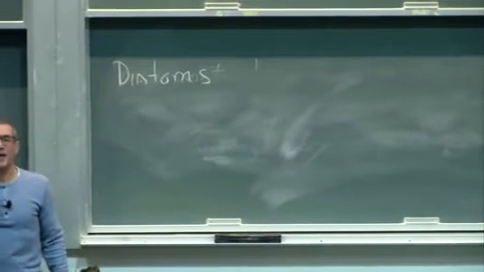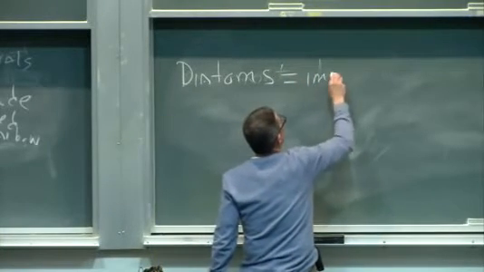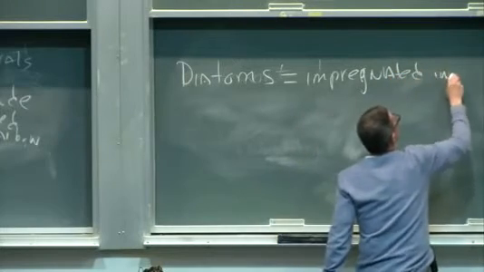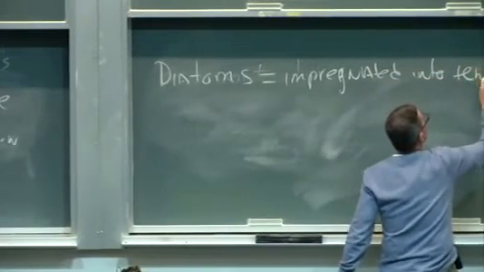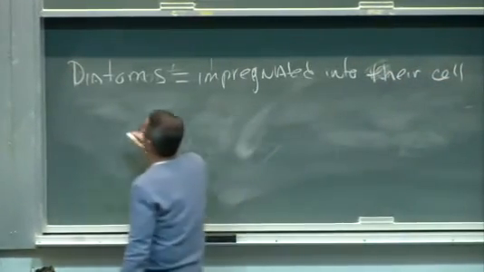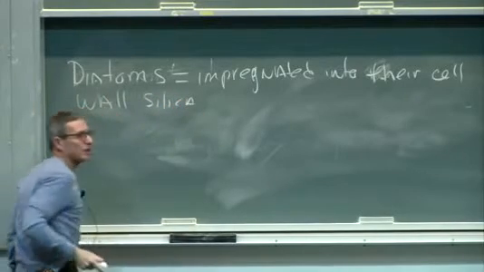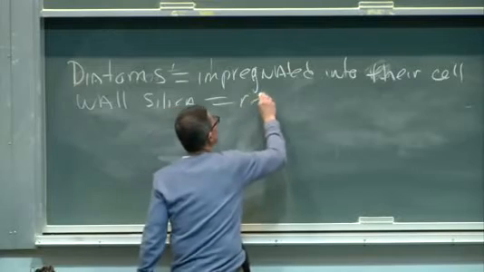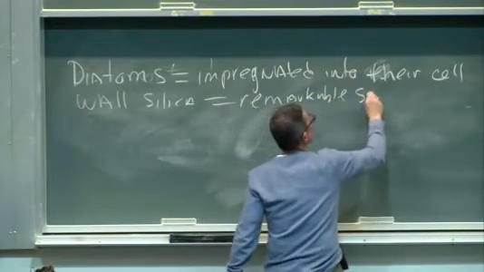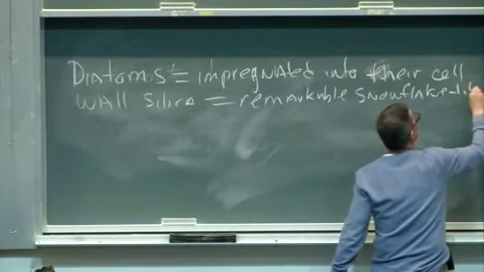The reason why they are so unusual and so beautiful is that they have impregnated into their cell walls silica, which gives them remarkable, almost snowflake-like, and I'll show you some pictures, designs.